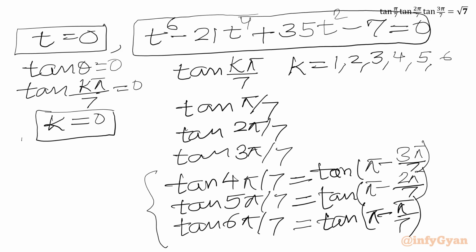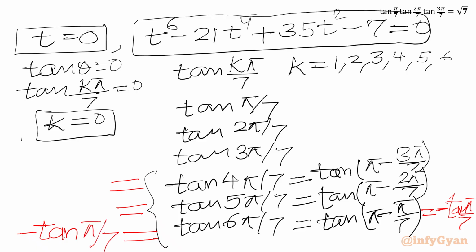Tan of pi minus theta is equal to minus tan theta. So this value will be minus tan pi over 7, this will be equal to minus tan 2 pi over 7, and this value will be equal to minus tan 3 pi over 7.